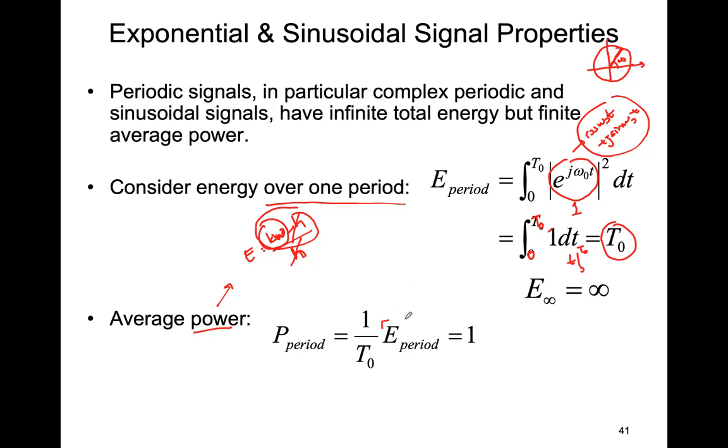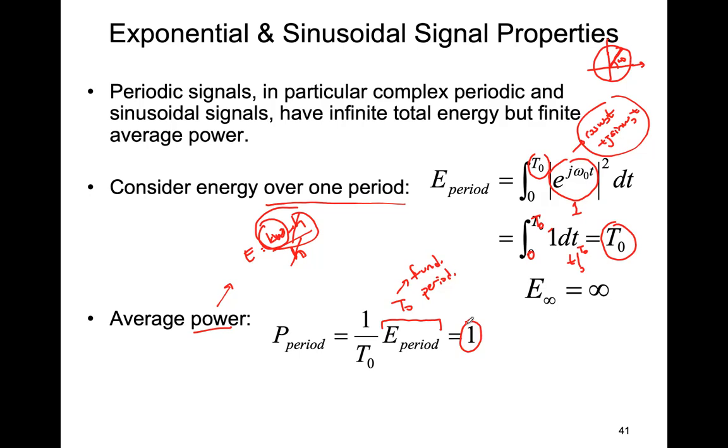This was the period of a complex exponential signal, a periodic signal, and this was T0. If I divide by the duration, which was T0 again, our fundamental period, right, then my average power will be equal to 1.